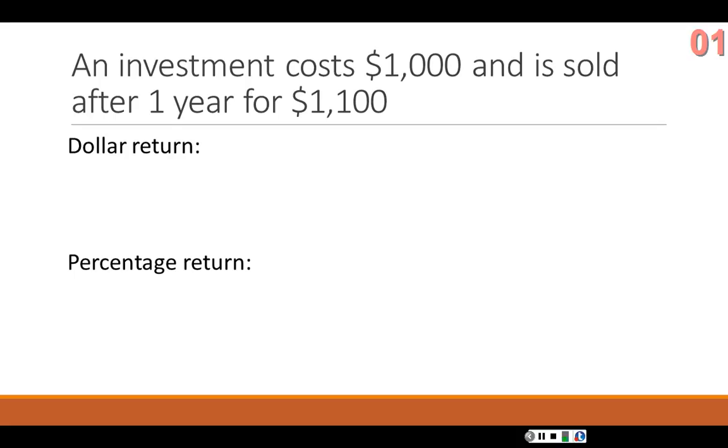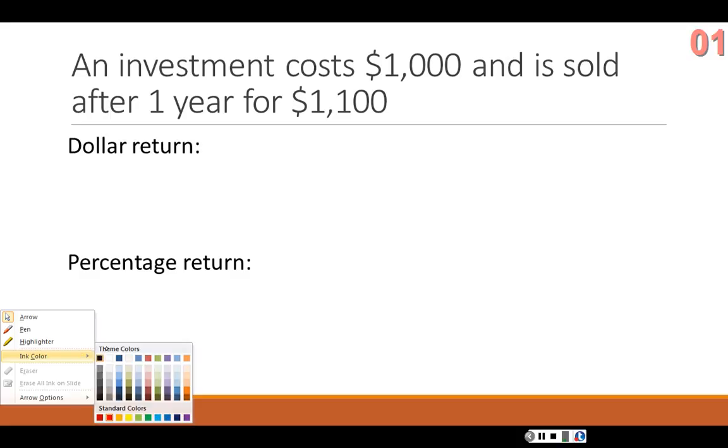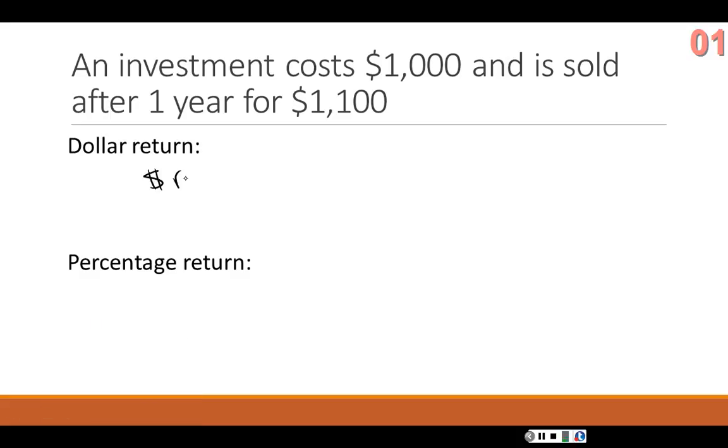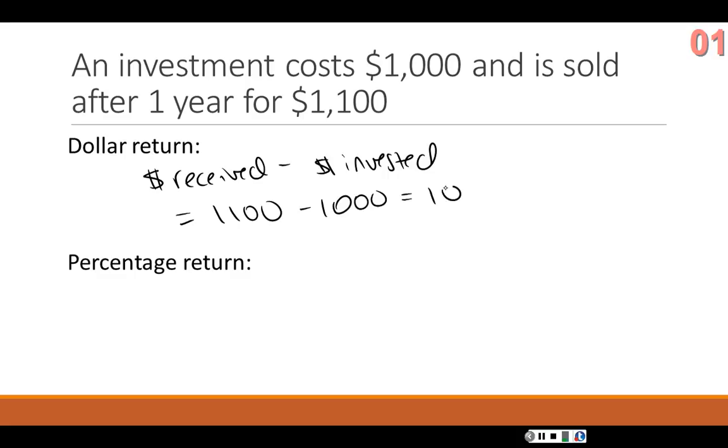But here's a little example. If we have an investment that costs $1,000 and is sold after 1 year for $1,100, we can calculate our dollar return. It's simply the amount of dollars received minus the amount of dollars invested. So that's $1,100 minus $1,000 to give us a $100 return.